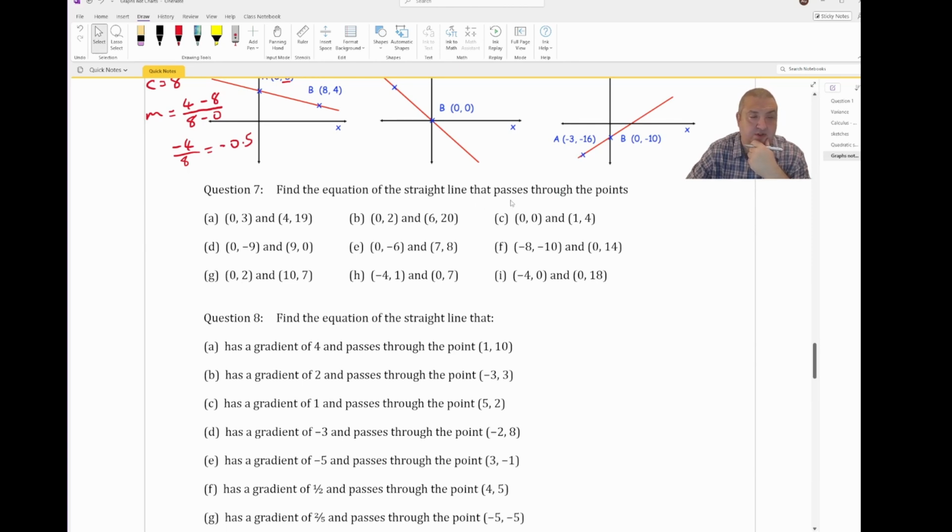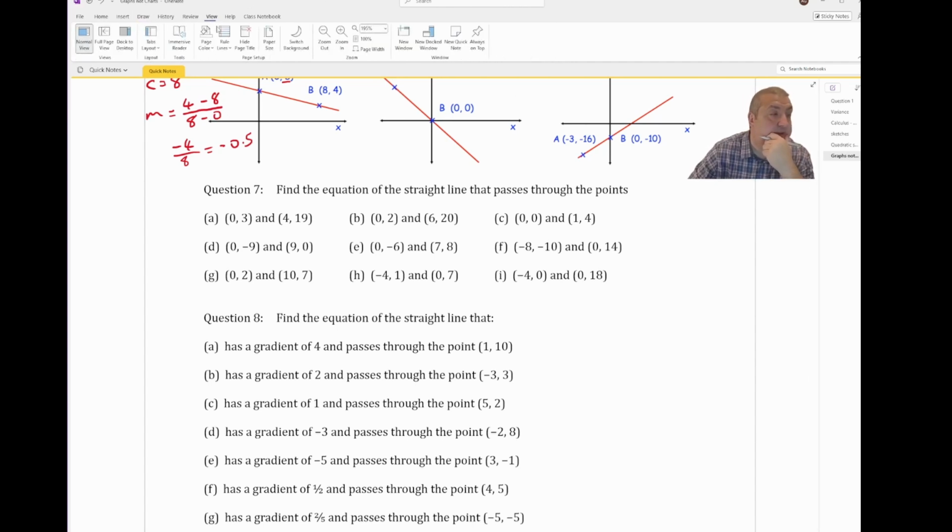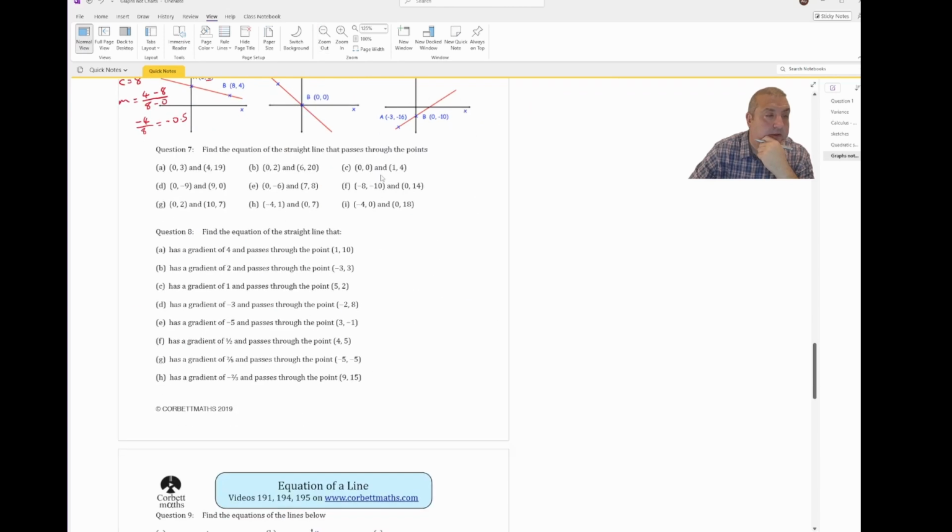Find the equation of the straight line graph that passes through these 2 points. My advice here would be to plot it. If you're doing this, it is worth plotting it. If I can zoom out a bit, we'll have a go. It's a bit more difficult to see, but let's just have a go at this.